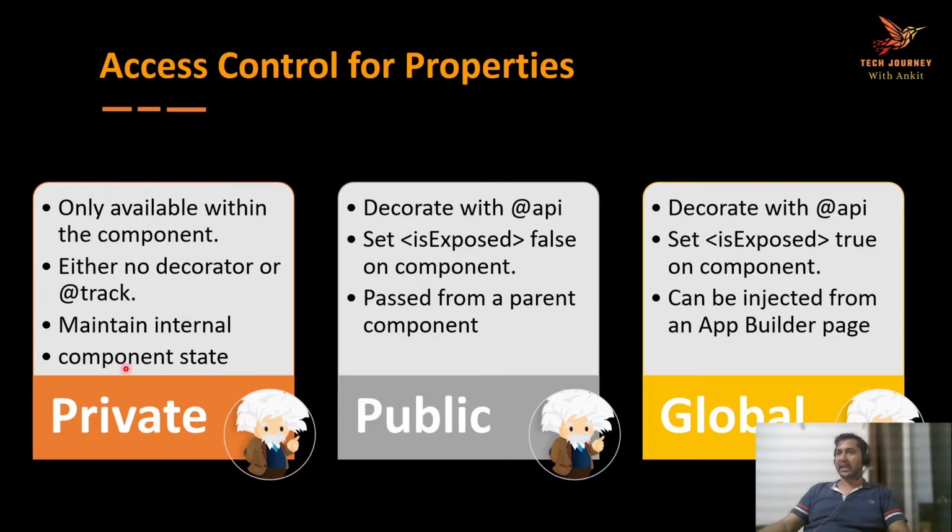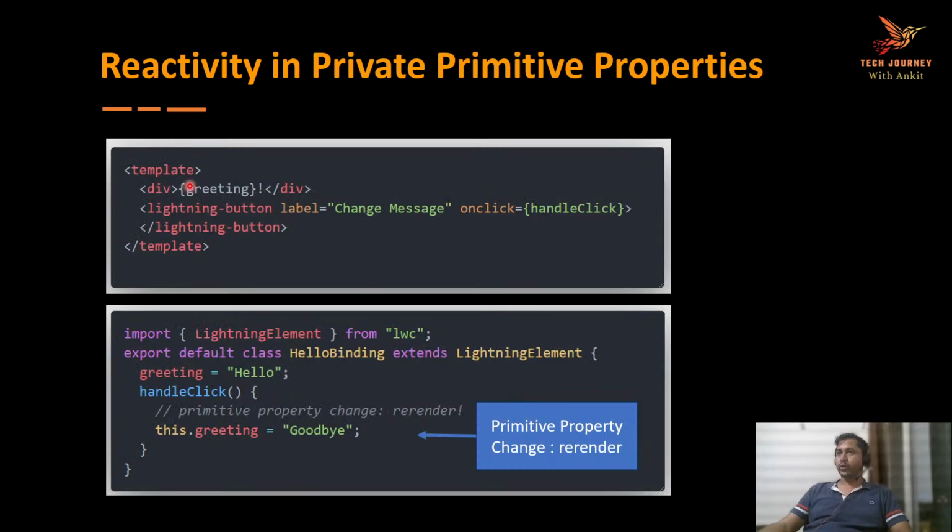To access it, you have to make sure that you are putting curly braces around the variable name. Now the next key thing, for example, let's say that output is coming up on the UI. When the component is loading, we are passing the value as hello, and you can see that the similar value is coming up here.